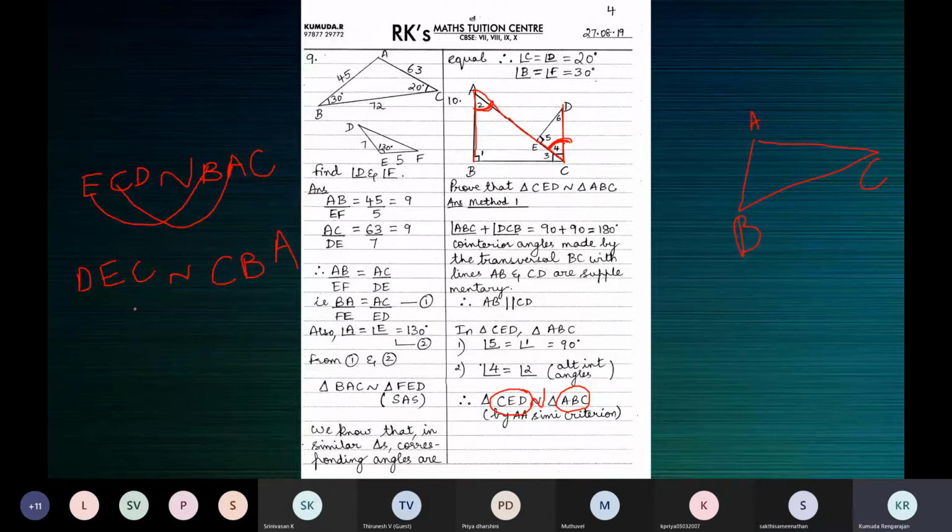Now tell me, Shakti, if I say DCE is similar to... Ma'am, ACB. In the small triangle, which vertex is D?